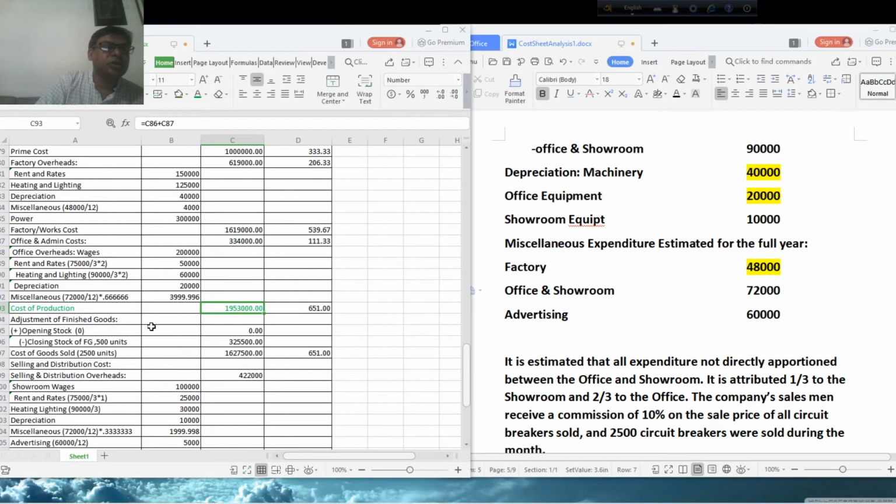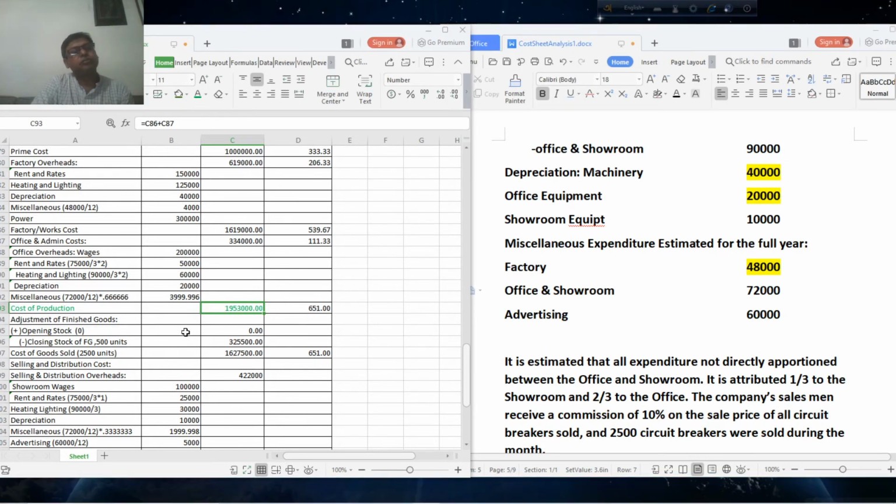Now we have to adjust the opening stock and closing stock of finished goods to find out the cost of goods sold. So how can we adjust that? It is not given what the opening stock of finished goods is, so we can consider it as zero value. But the closing stock is given: only 2,500 circuit breakers have been sold, so 500 remain unsold, so it is the stock of finished goods.